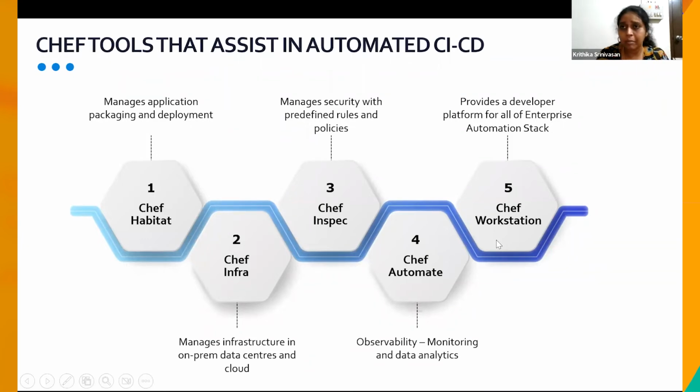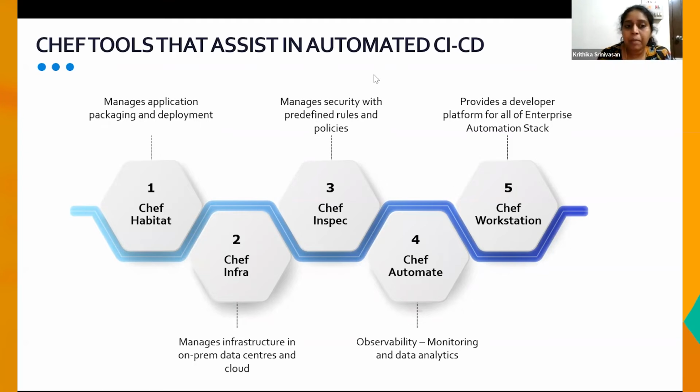This is something that everybody is aware of, but I would want to emphasize that all the items put together constitute the Chef automation stack, which mainly focuses on getting the automated DevSecOps practice in place.